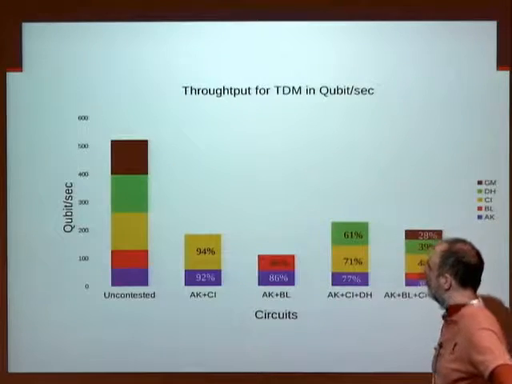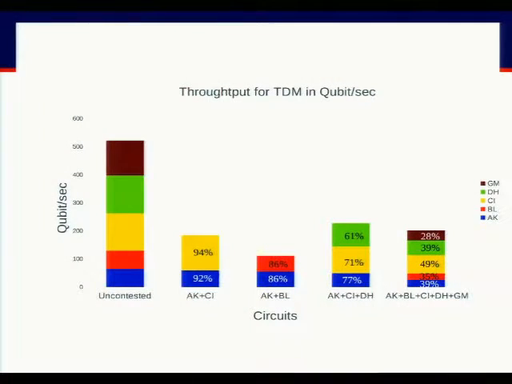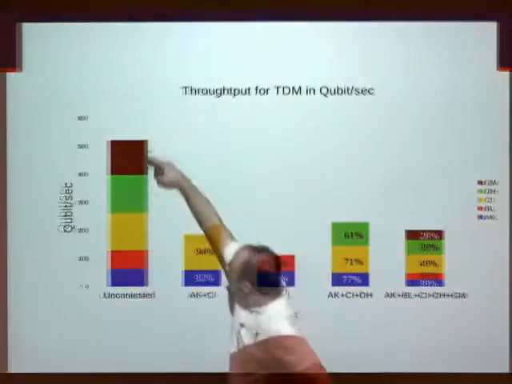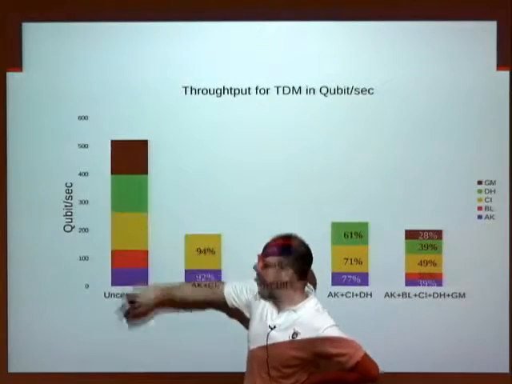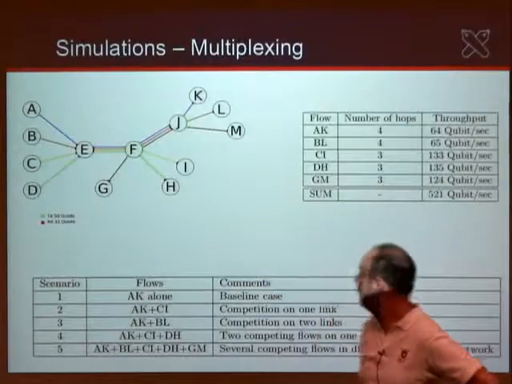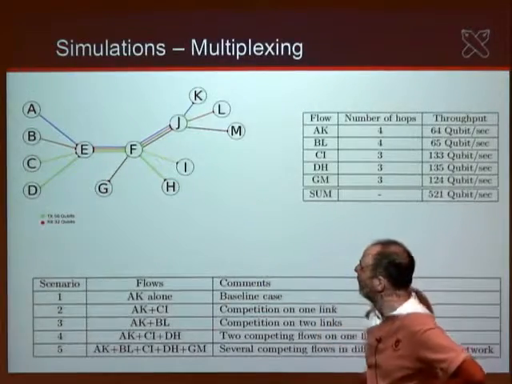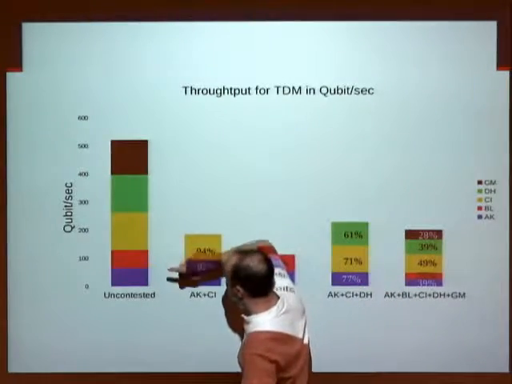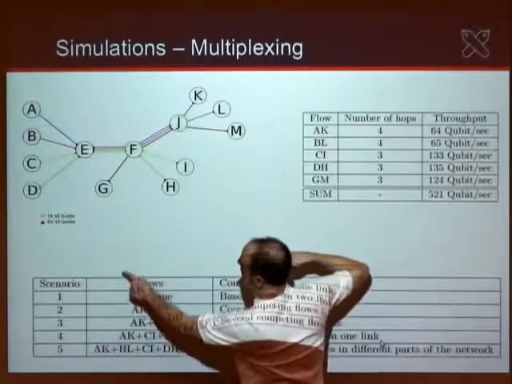Let's see. What we found while doing this is, this would be peak ideal throughput. So in this case, each of these colors represents the throughput of the matching diagram. In this case, the entire network is dedicated to just the blue.